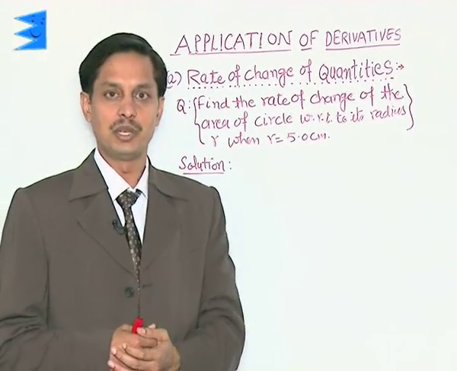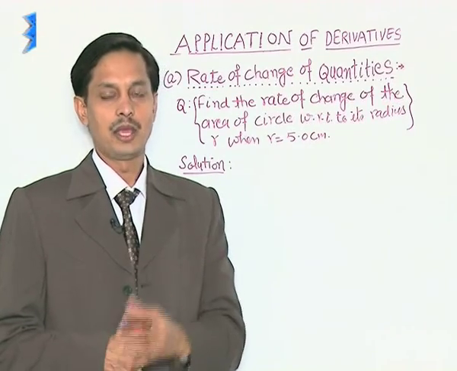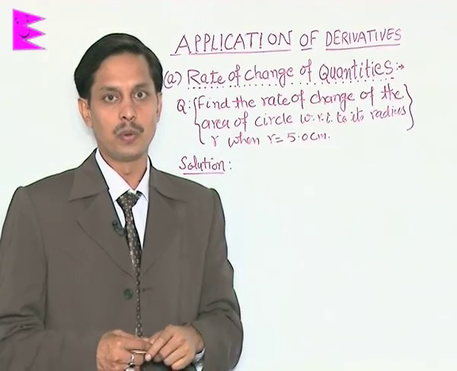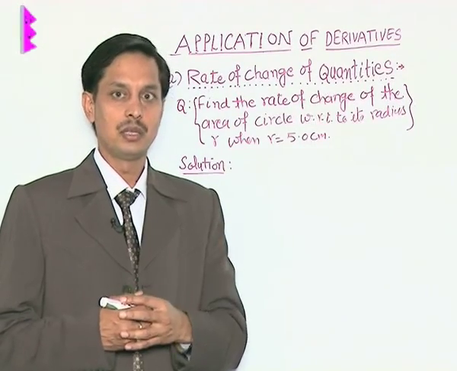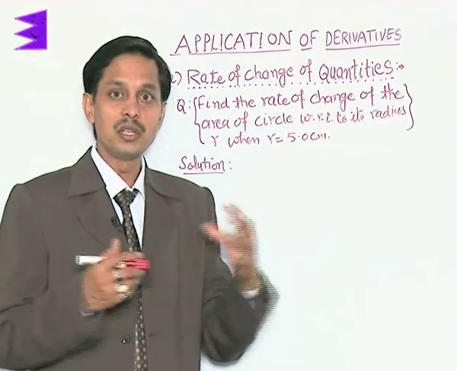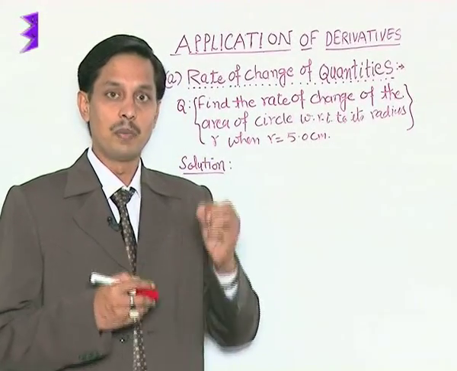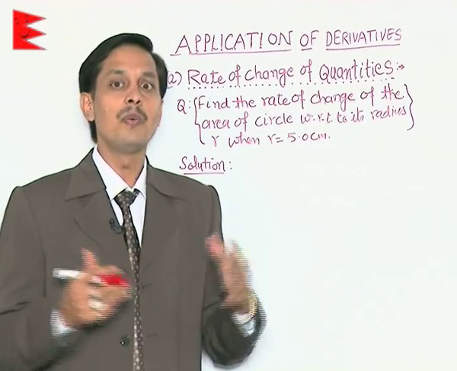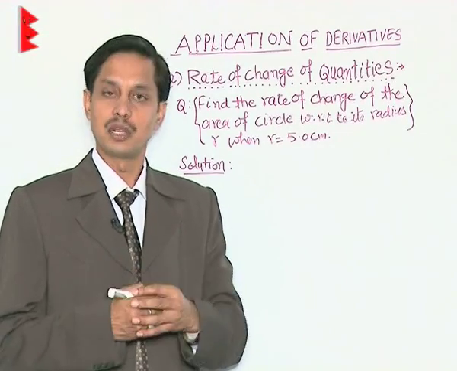is 5 centimeter. Suppose you have thrown a piece of stone in a quiet lake. Then we observe that water starts moving from the particular point where the stone hits, and we find increasing circles.